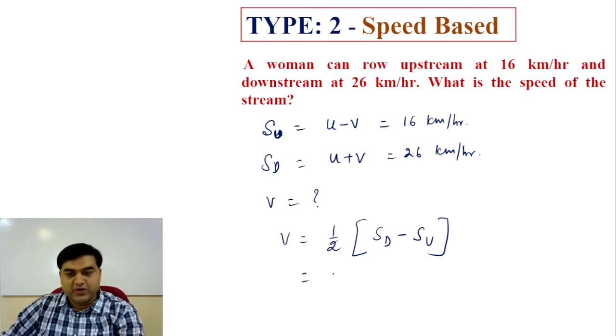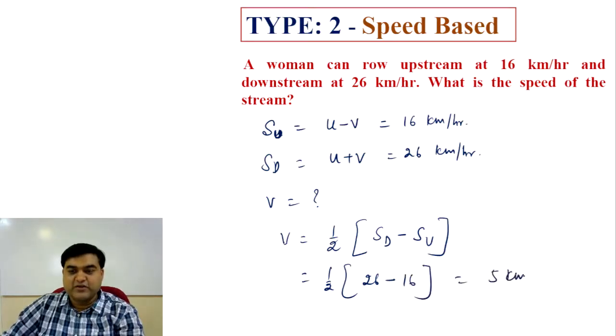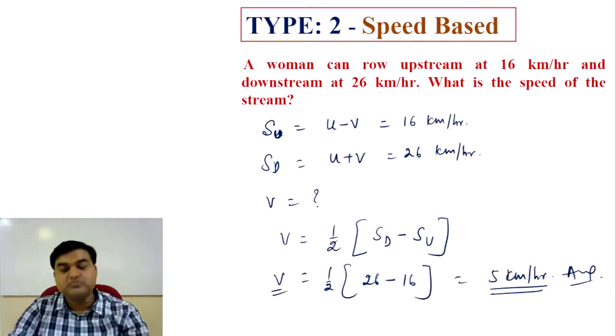So half of (downstream 26 minus upstream 16), that is 10 divided by 2, that is 5 kilometer per hour is the answer. So we got the speed of the stream.